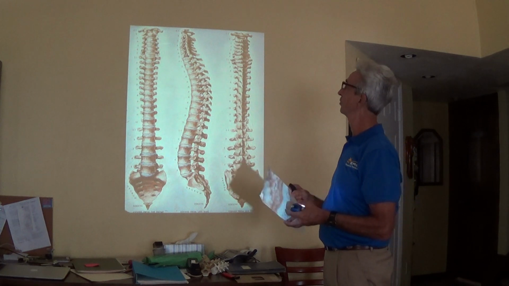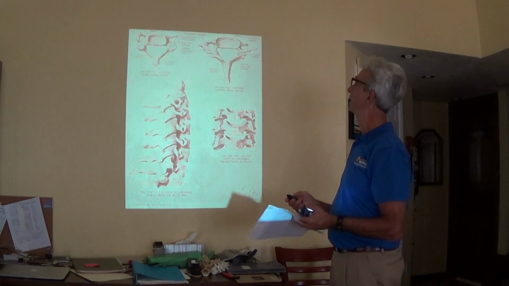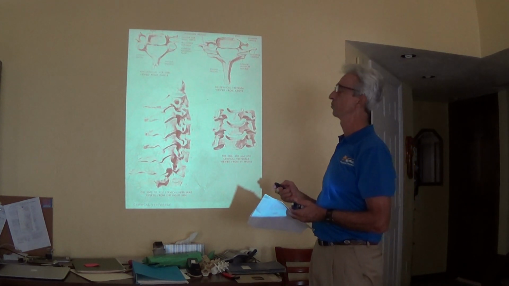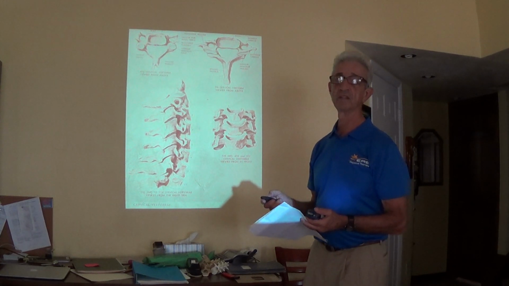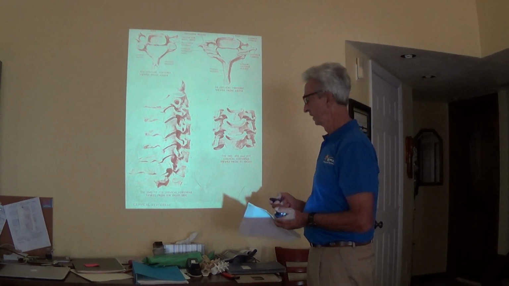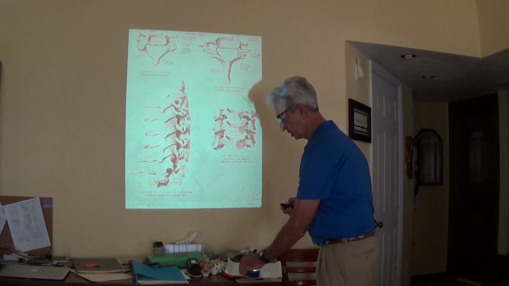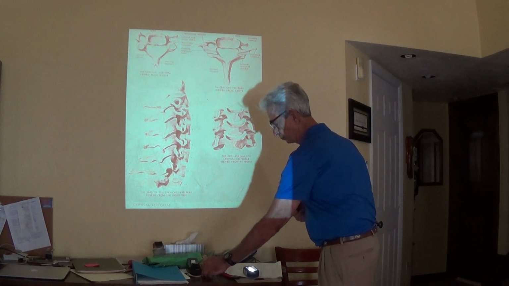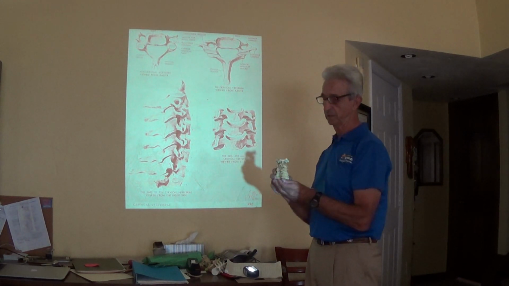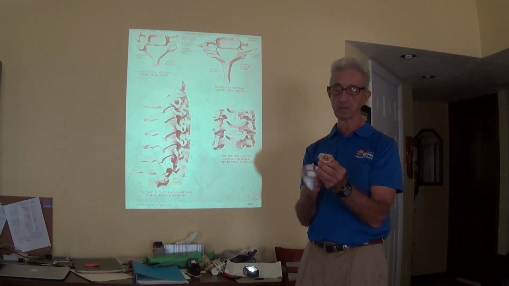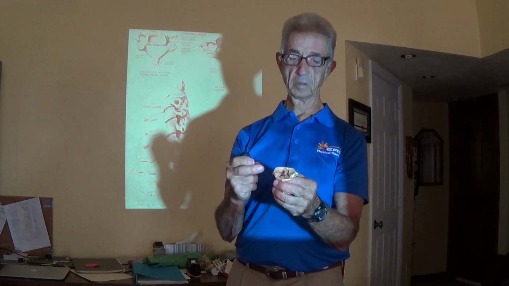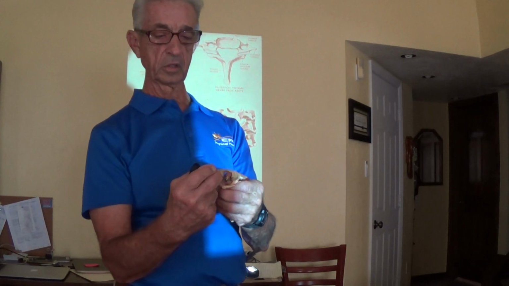So we'll look at the upper cervical first. The upper cervical is made up of the atlas and the axis, and the atlas is really just a circular bone with these large articular pillars here to accept the condyles of the occiput.